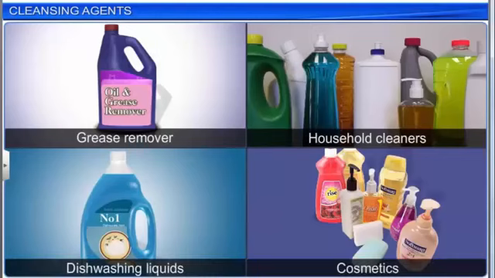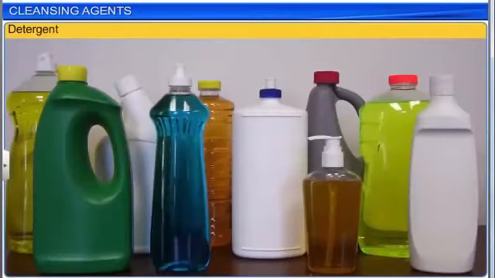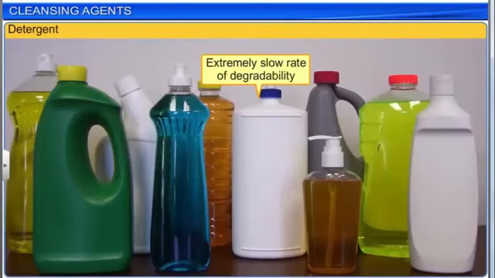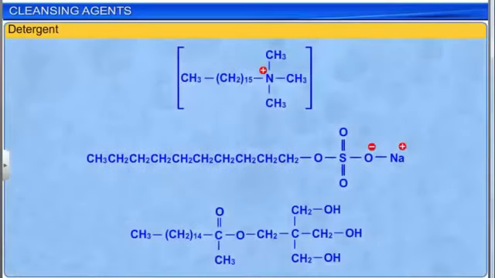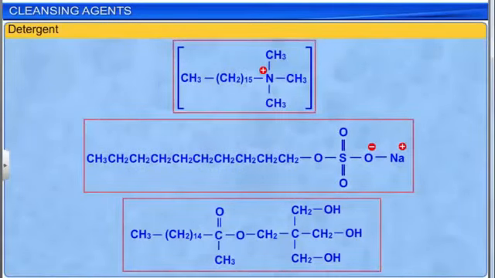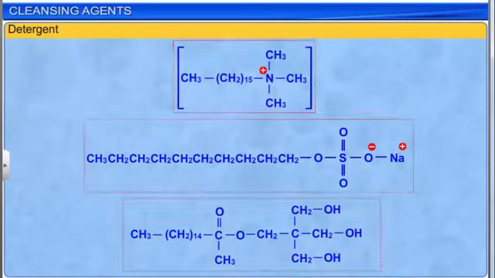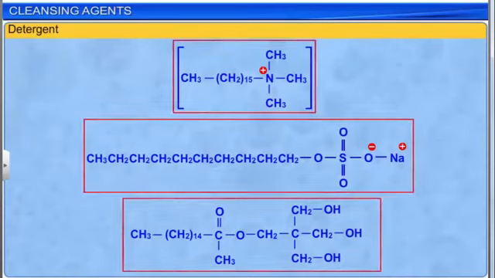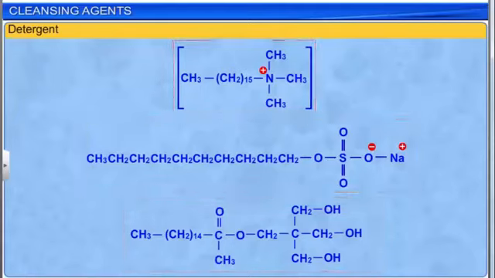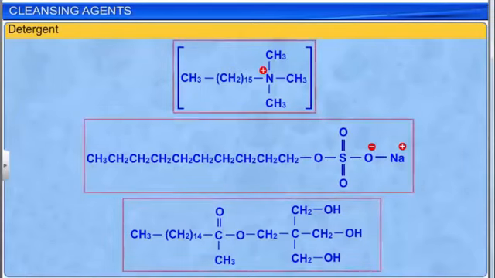One of the dangers posed by detergents is their extremely slow rate of degradability. This is because their hydrocarbon chain is highly branched, which makes it very difficult for bacteria to degrade it. As a result, the detergents go on accumulating.